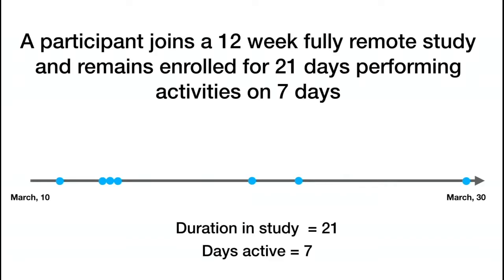If you are joining a 30-day study or whatever number of days, the duration can be counted from your first day in the study to the last day in the study, and you could be participating on just those 2 days, or it could be the actual number of days that you did something in the study. These will give completely different outcomes in terms of engagement, compliance, and adherence.